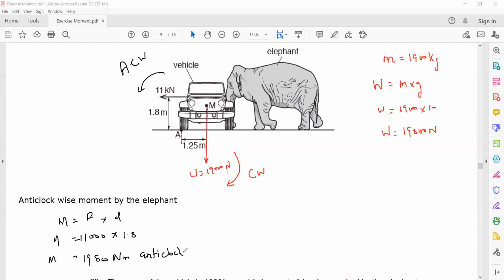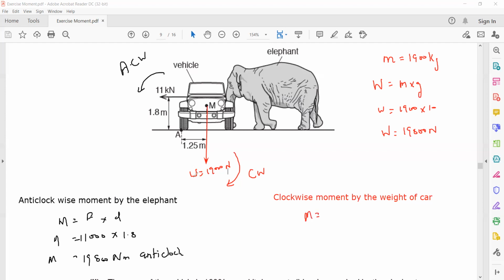Then we will calculate the clockwise moment by the weight of the car. The weight of the car is the force and it is producing a clockwise moment. Moment is calculated by force into distance.